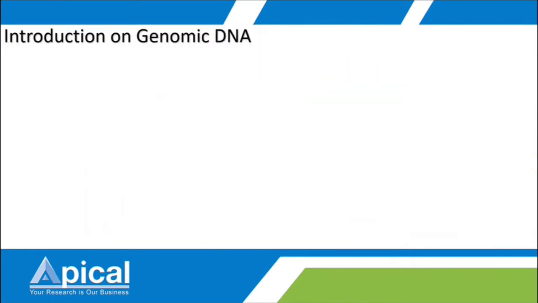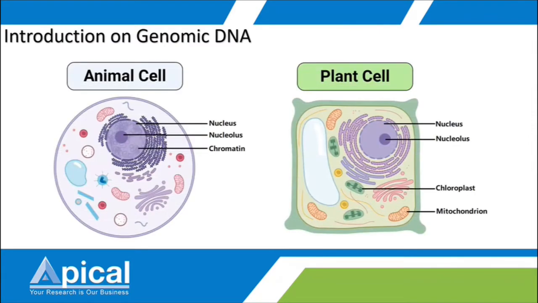Where do you find genomic DNA? In eukaryotic cells, usually we get the genomic DNA in the nucleus of the cell, and it is usually double-stranded DNA.